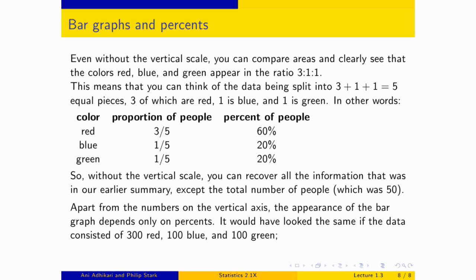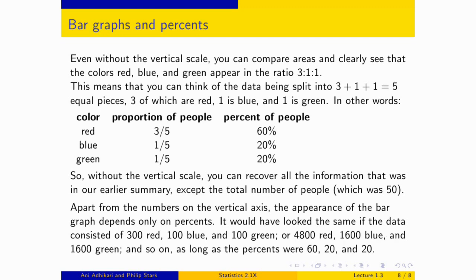Indeed, it would have looked the same had you started out with 4,800 red, 1,600 blue, and 1,600 green, rather strange numbers, but in the ratio 3:1:1. As long as the percents are 60%, 20%, and 20%, the bar graph will look exactly the same. Apart from the numbers that you are placing on the vertical axis, the picture will look the same.